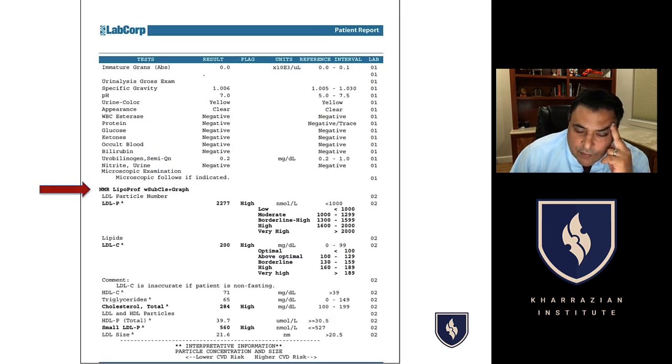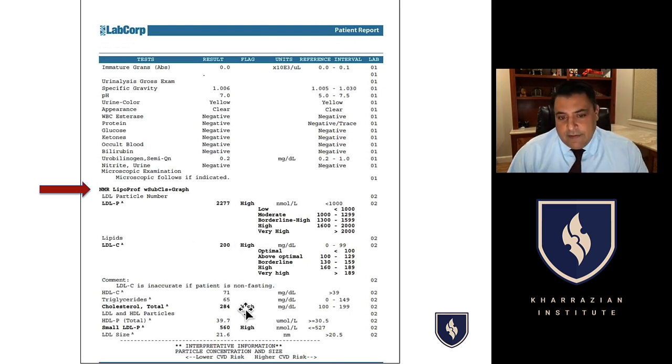Even if you look at this person's lipoprotein particles, you can see their LDL particles are high, which we saw earlier. Their LDL cholesterol is high, in the 200 range when they tested again for this test. And they have lots of small particle LDLs. These are a big concern.